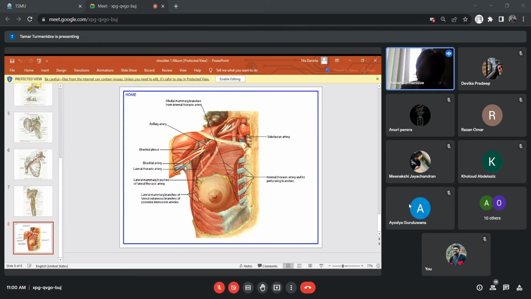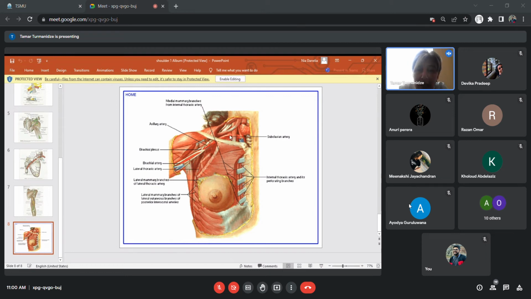And the subpectoral triangle boundaries will be superiorly the lower border of the pectoralis minor muscle, and inferiorly it will be bounded by the lower border of the pectoralis major muscle.